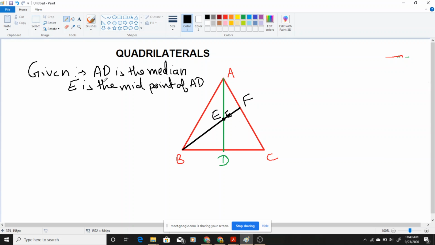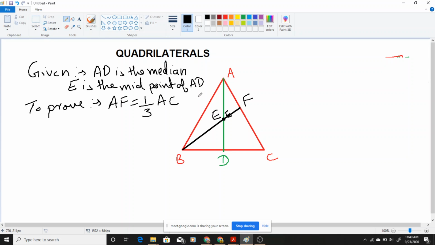So now we have to prove, by the given condition, that AF is equal to 1/3 of AC. That is what we need to prove.